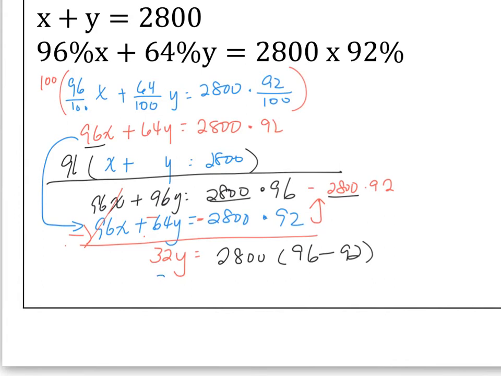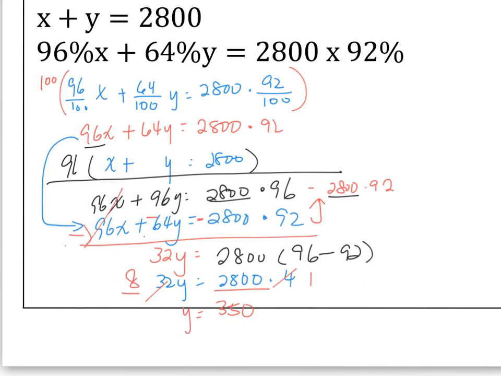So now I'm going to keep going. 32y would equal 2800 times 4. Well, I see that I can cancel out 4 and 32 to get 8 on the other side, and I can go ahead and take 2800 and divide it by 8 to get 350.